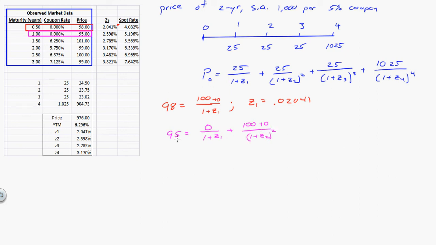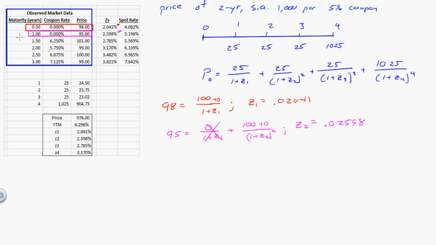So the value of this bond is what it pays in 6 months, even though it's nothing, plus what it pays in a year. So this of course just goes to 0. I can solve for Z2. Z2 is equal to 0.02598.